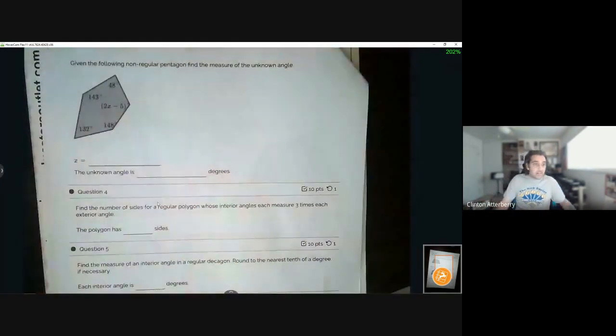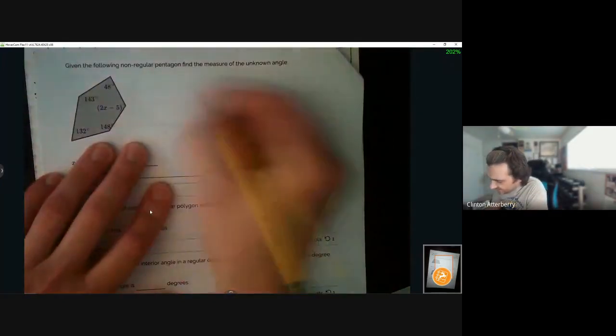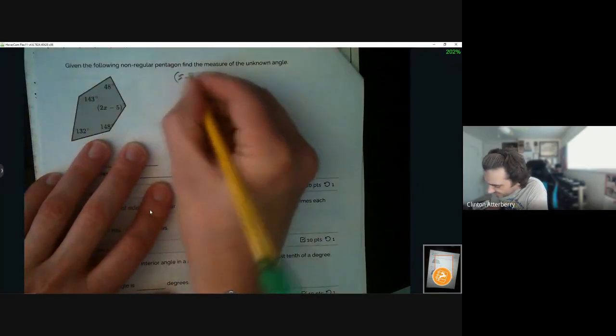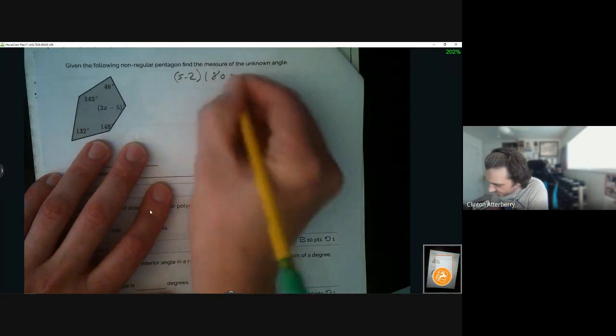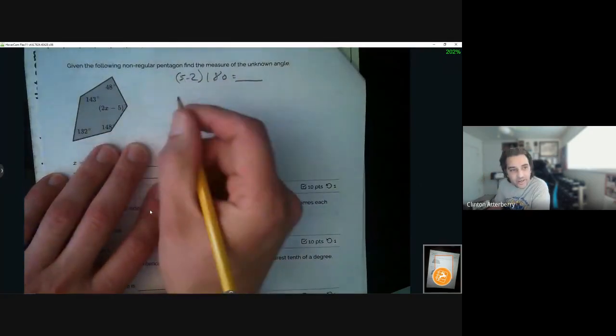It's exactly the same. All right, question number 3 is going to be the same as question number 2. The difference is there's some algebra. So it'll be the same amount, whatever it equals for the 5 side. Whatever your 5 minus 2 times 180 would add up to, but instead it's got an extra step in there.